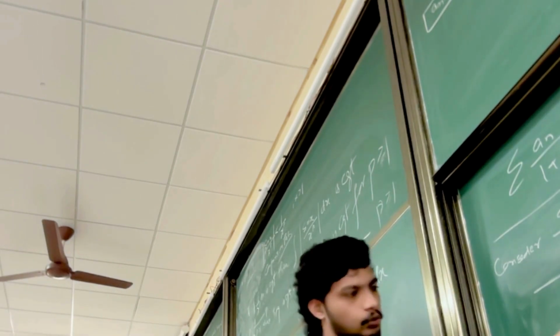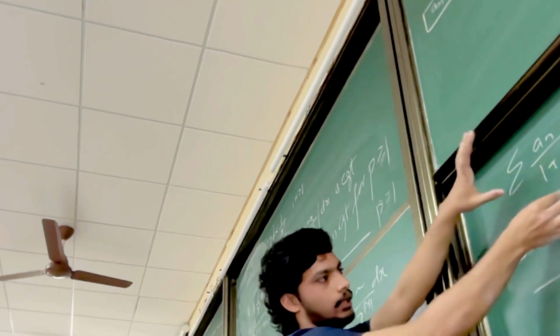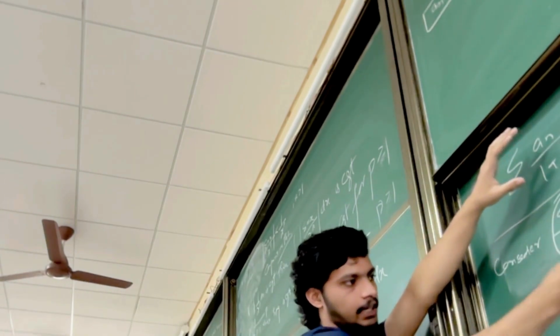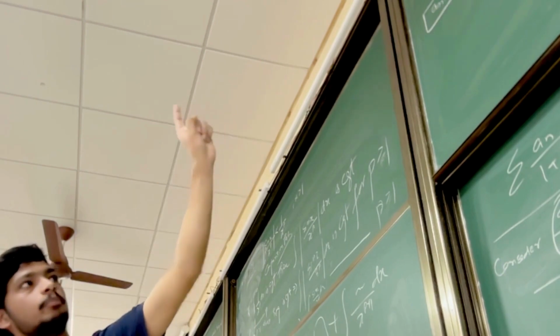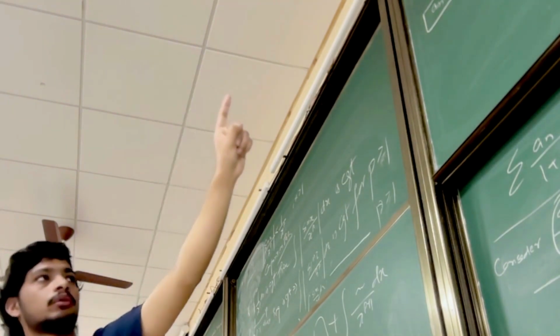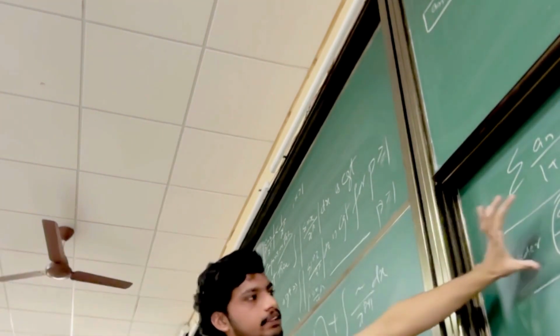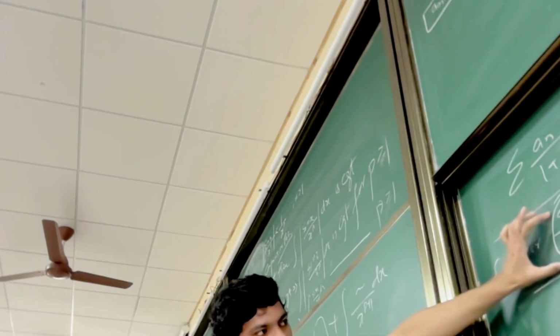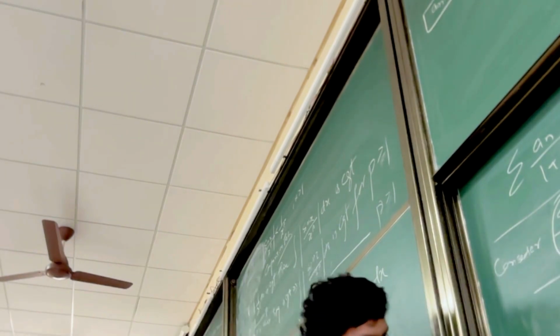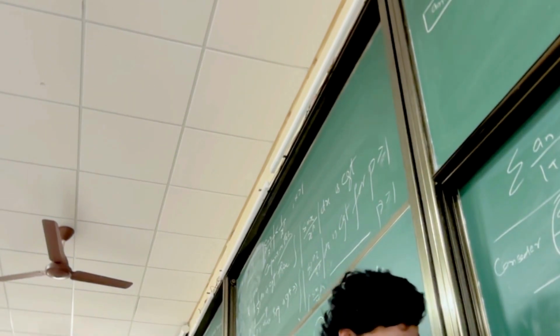And this 1 upon 1 plus an is going to 1. This implies an upon bn is going to 1. Then an and bn both are convergent simultaneously. This term is convergent because it is given in the question that the series with this term is convergent, and hence this term is also convergent. So this implies summation an is convergent.